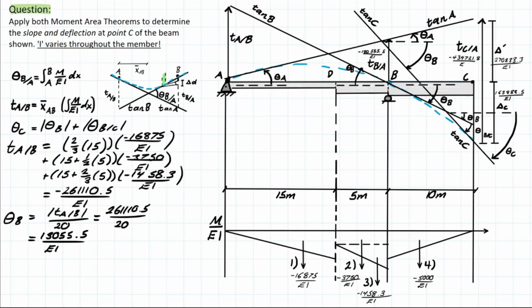And we can see based on this diagram that this theta B is going to be a clockwise rotation, right? So we'll just draw an indication right here that it's going to be clockwise.